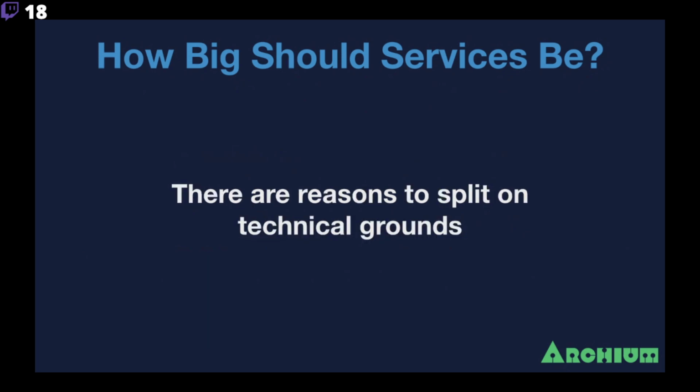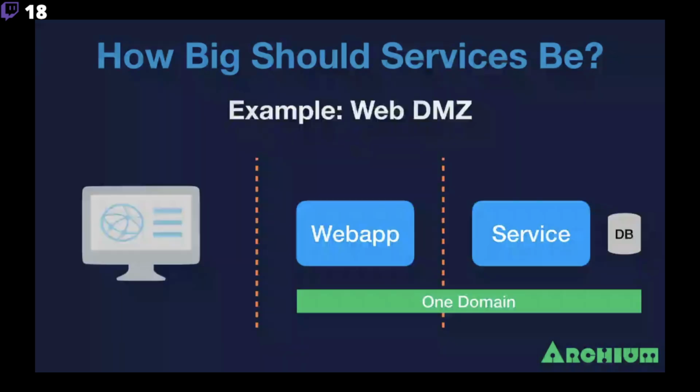Now, I don't want to say you should never split things because of technical reasons. There's going to be places all over the place where you will want to look at some software and say, okay, even though this is 1 subdomain, we need to split it. One good example of that we did all the time at Tyro was the idea of a web DMZ. Because of some of the regulatory requirements on us, it was absolutely forbidden to have anything facing the internet which could also connect to a database.